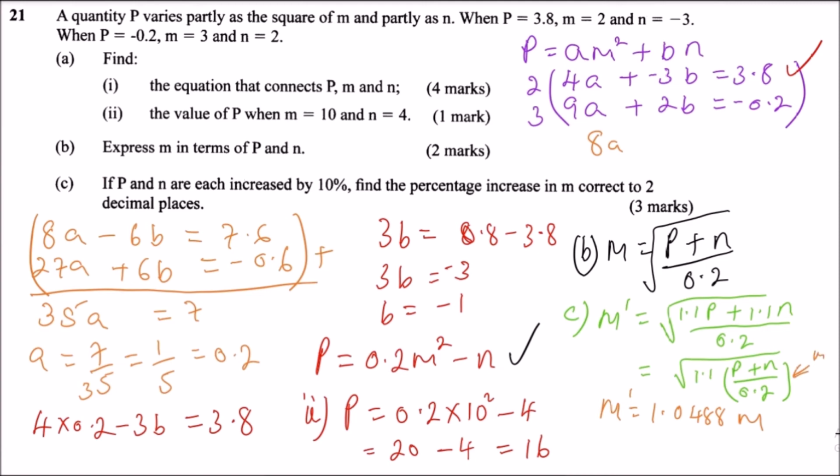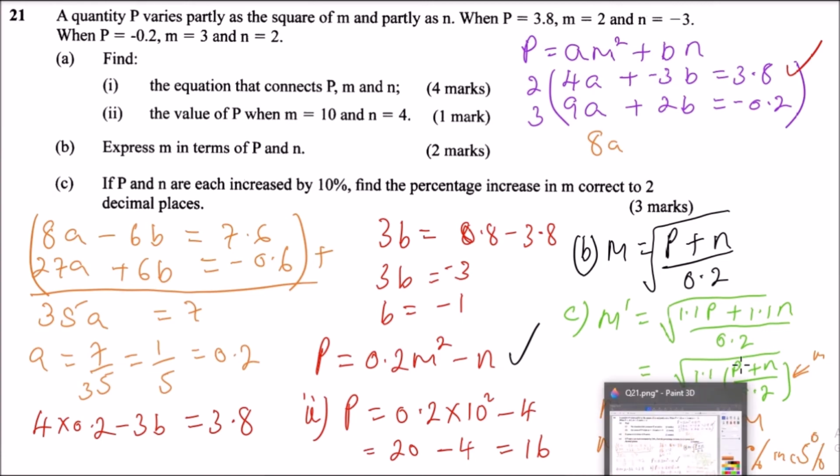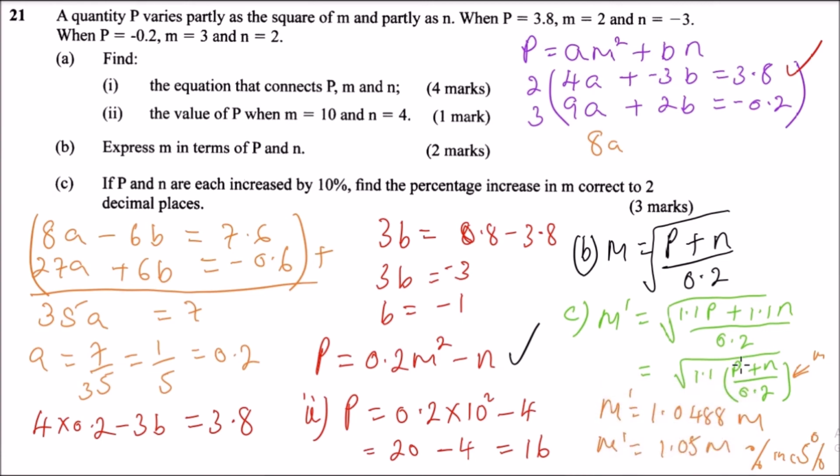So our new m is, to 2 decimal places, 1.05 of old m, meaning that the percentage increase in m is 5%. So that's how you get the increase in m, and you get your 10 marks.